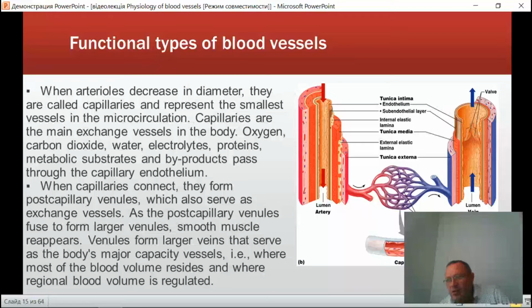Venules form larger veins that serve as the body's capacitance vessels, where most of the blood volume resides and where regional blood volume is regulated. Different types of vessels you can see in these pictures. This presents pre-capillary, capillary, and post-capillary vessels.